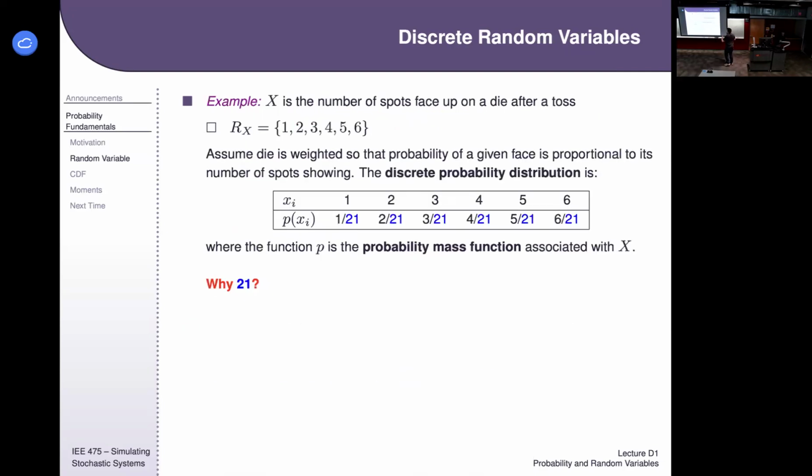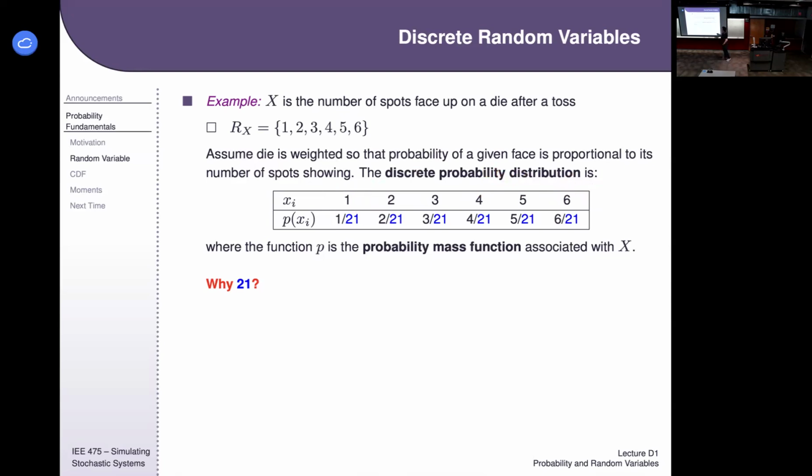If we were to look at a distribution here, this is the number of spots face up on a die after a toss, and this might be an unfair die, so that some faces come up more frequently than others. We've got 6 possible outcomes. This is a discrete random variable, which face comes up, and we labeled the faces by how many dots were on each face, so 1 dot through 6 dots.